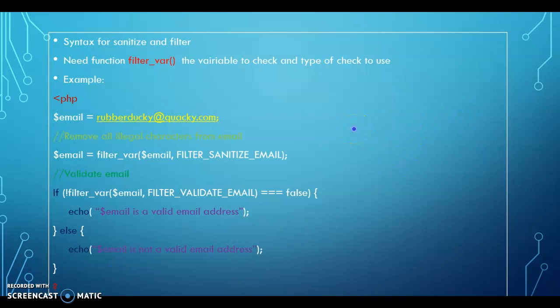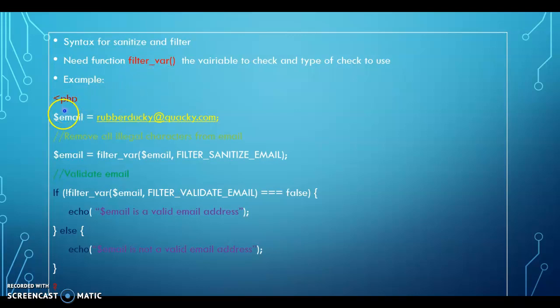For the syntax to sanitize and filter, we need to have a function. Our function is going to be filter_var. The var is the variable, and this variable is going to check, along with the type of check we're going to use. Here's an example.